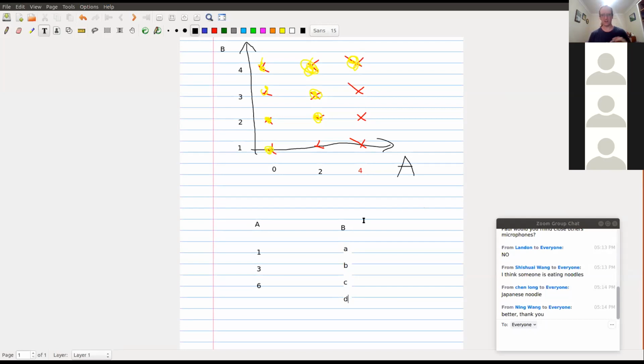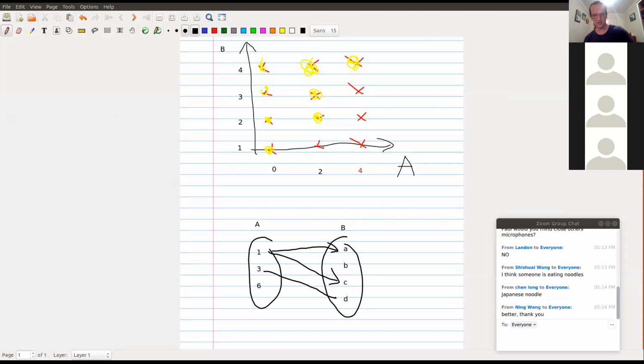So we can think of a relation as this general thing where we're going from elements of A to elements of B, and each one of these is one of these tuples. Say 1 goes to A, 1 goes to C. I'm not drawing the one above, I'm just drawing a random one here. 3 goes to D. A graph is a collection of nodes and vertices.